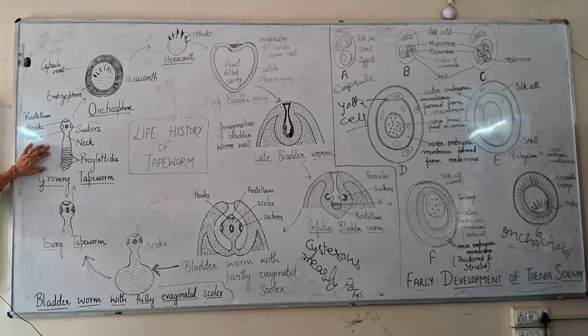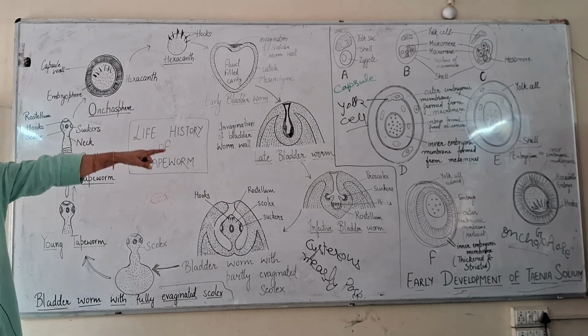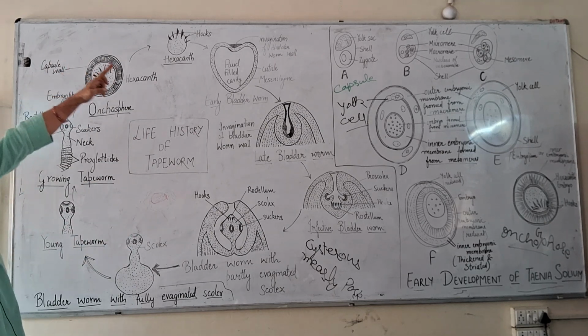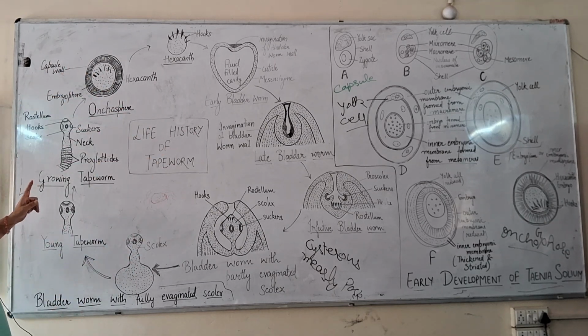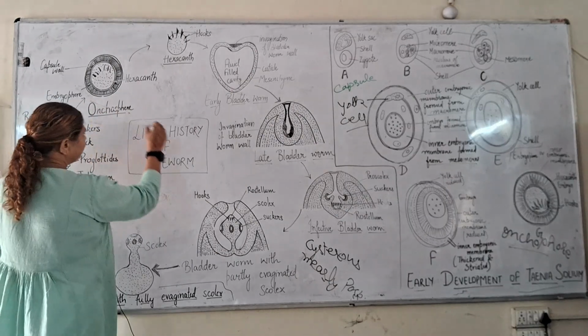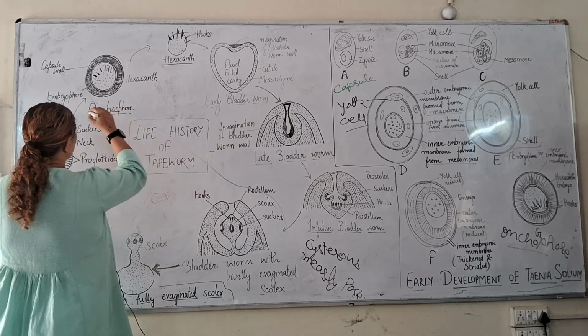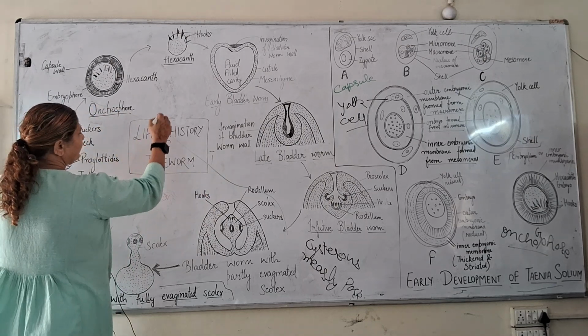Then fertilization, copulation, fertilization, and that development takes place, and again this cycle goes on. Now up to this, all these stages take place in the pig.